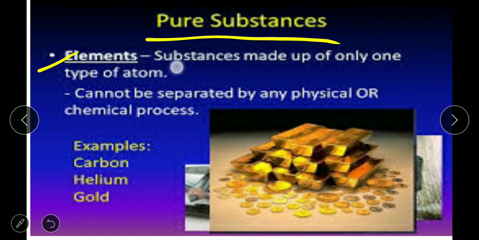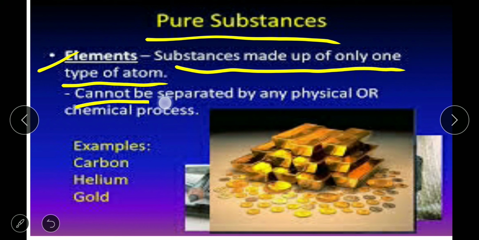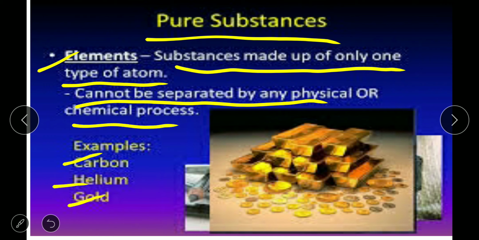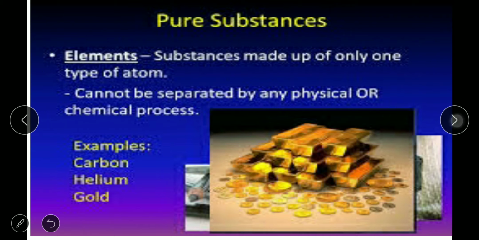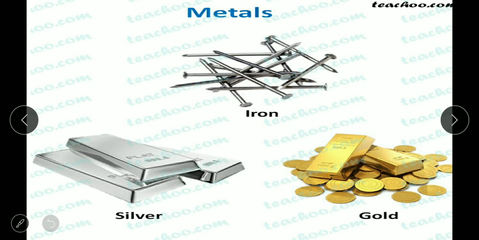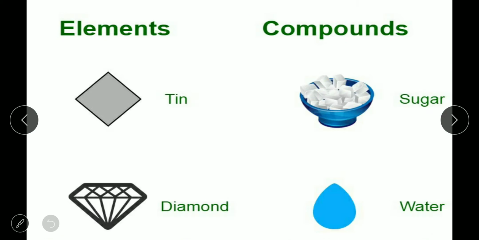An element is a substance made up of only one type of atom and cannot be separated by any physical or chemical process. For example, carbon, helium, and gold. Also, examples are iron, silver, and gold. And also, examples of elements are tin and diamond.